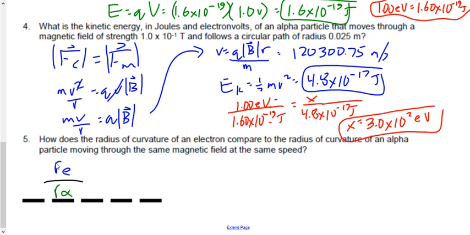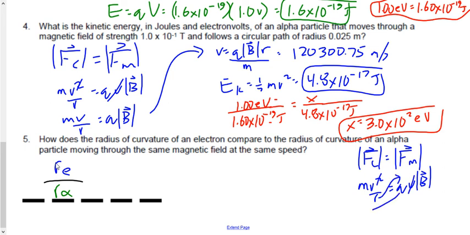If we don't know the numbers, it becomes a little bit harder. Let's derive an equation for radius. Let's say Fc is equal to Fm. mv squared over r equals qvb. These cancel, r goes up, qB goes down, r ends up being equal to mv over qB. There's the radius of the path of a particle.